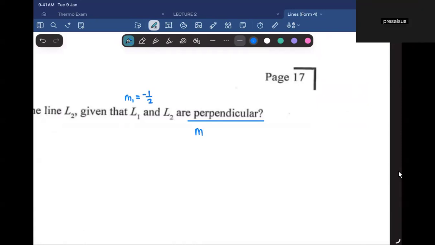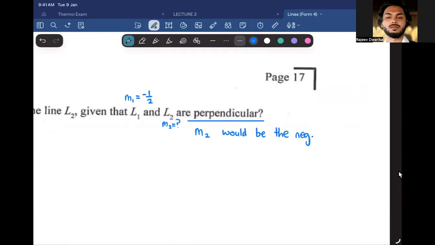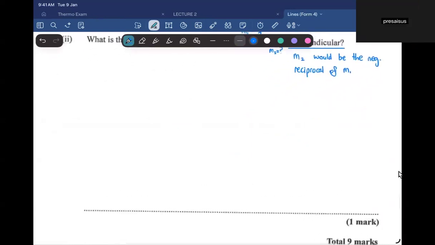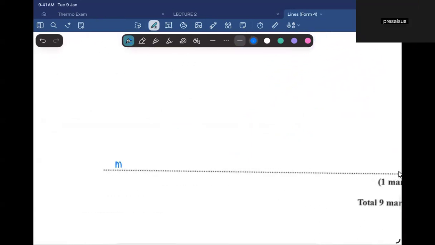So M2 would be the negative reciprocal of M1. So M2 would be what? Positive two. So you would say M is equal to 2.